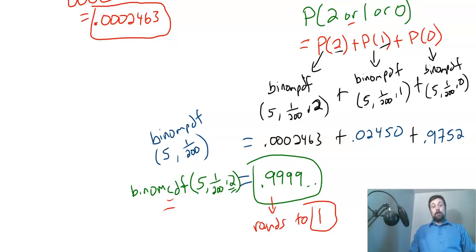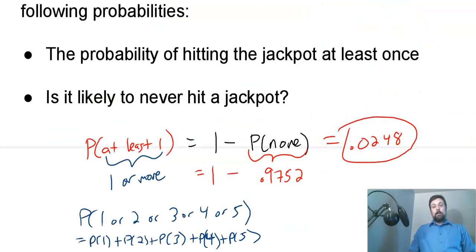So about 2.5%. This is 0.0248, right? So slightly higher. So the probability of hitting the jackpot exactly once is 0.0245. The probability of hitting it once or more is 0.0248. So it's just a slightly more likely thing to happen, but almost negligible, right?